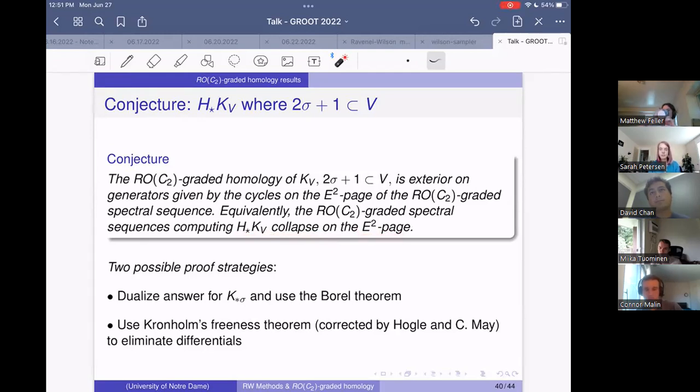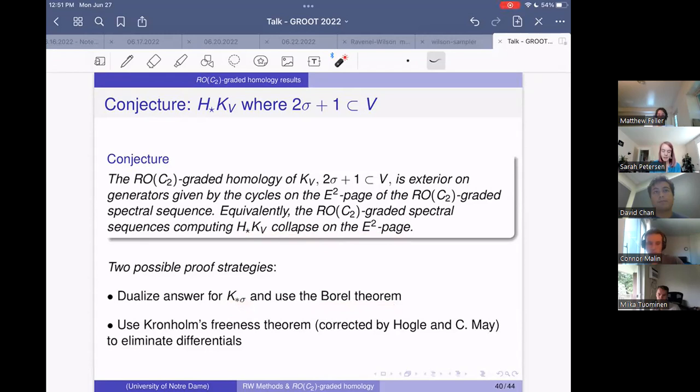Two possible proof strategies I'm thinking about right now are dualizing my answer for the K sigma spaces and then using the equivariant version of the Borel theorem. What's a little bit tricky about that is in dualizing my answer, I would need to make sure that my generators are transgressive, so I can use the Serre spectral sequence, and that's maybe a little bit complicated.